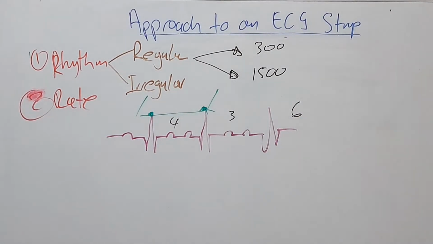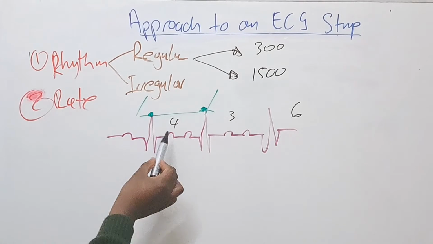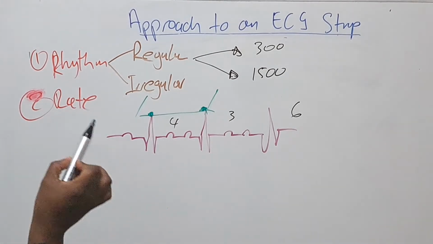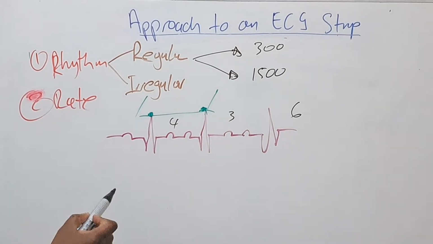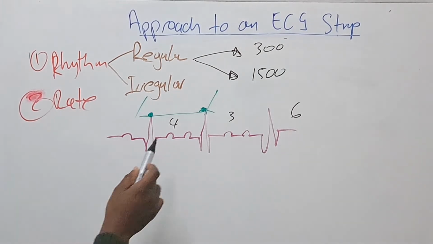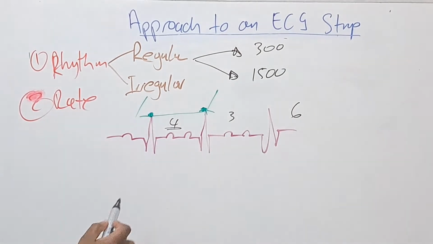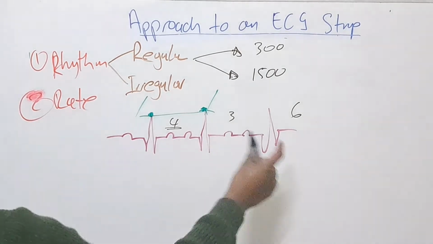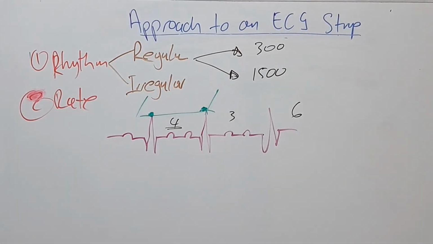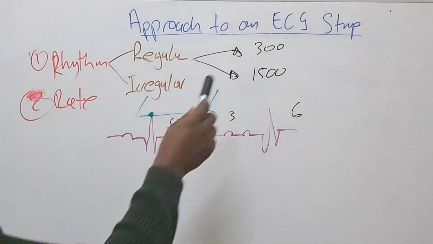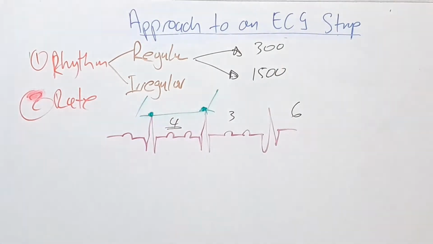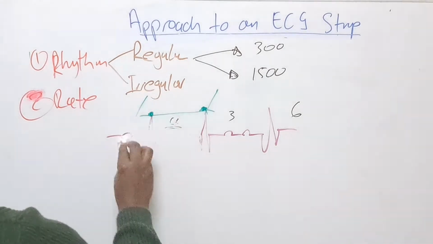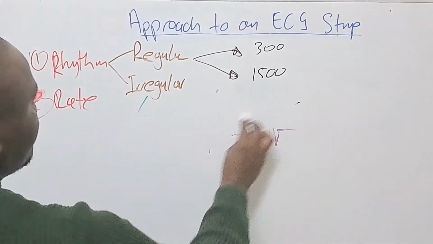So if you decide to use 4 boxes, you have just calculated the heart rate for this section, but not for the entire 1 minute. So you cannot use these two methods here. Which method must you use? I said it's the 6-second method. That's what I want us to talk about in this video.